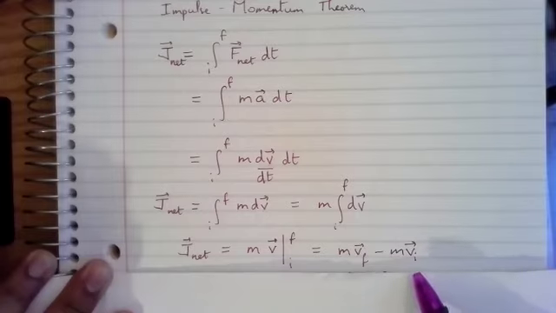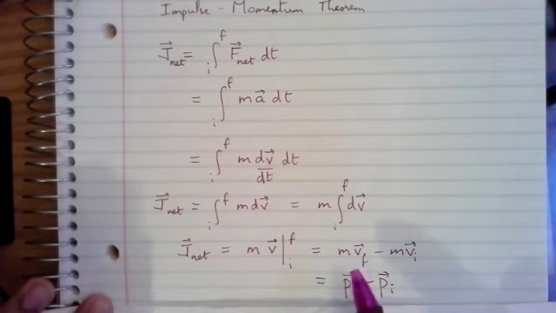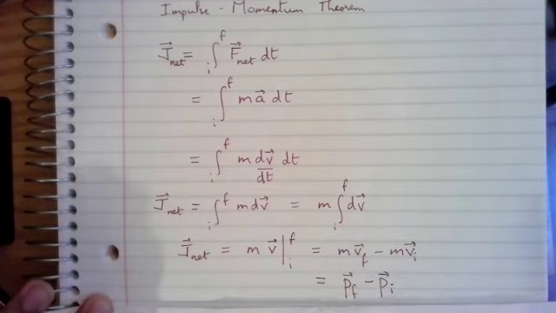So you can see that we are very naturally led to define a new quantity, which is momentum, which is simply mv. And traditionally, we use the letter p for momentum. So we have p final minus p initial.